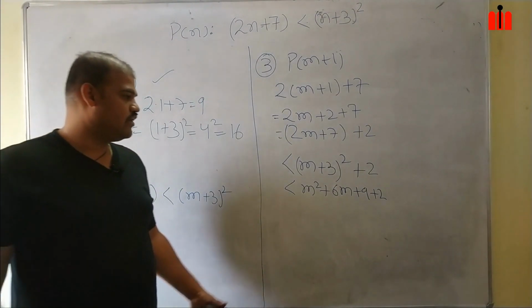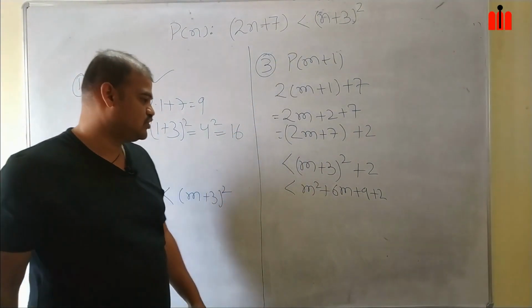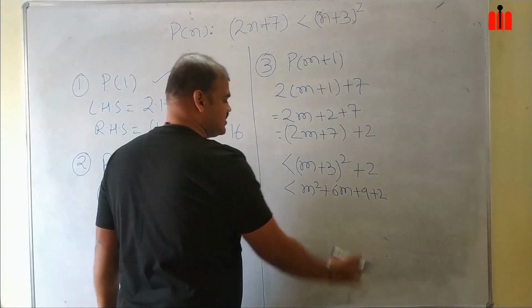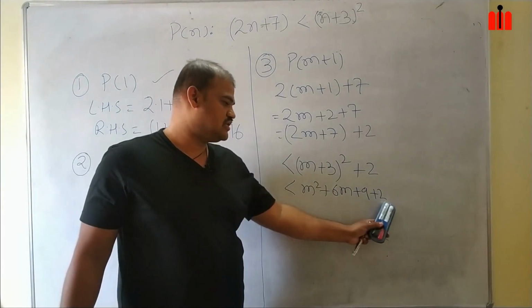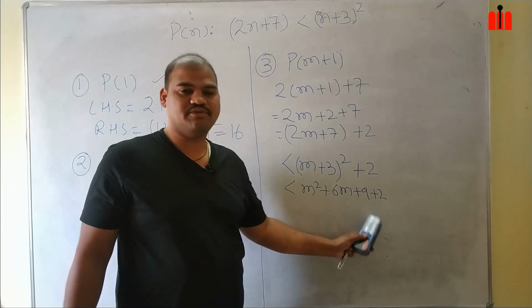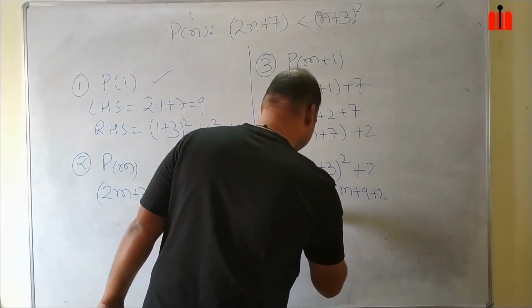Now in m plus 4 whole square, my middle term will be 8m, and my constant term will be 16. Here it is 9 plus 2, 11. So I have to make that adjustment.